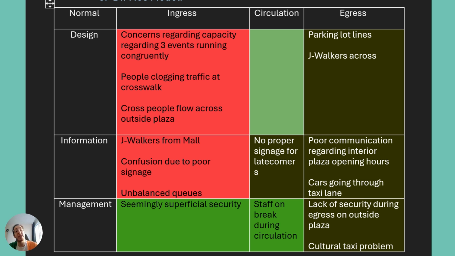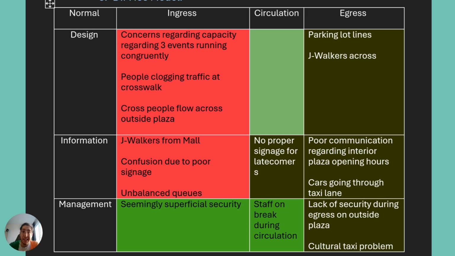I counted these as quite severe because they clog traffic in case of emergency, and not just in case of emergency, but in case all the people come at once, you can't accommodate all of them, and people continue to bump into each other. To me, these were glaring weaknesses, so I color coded them red to signal that these have to be remediated as soon as possible.